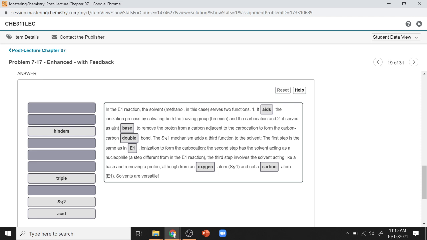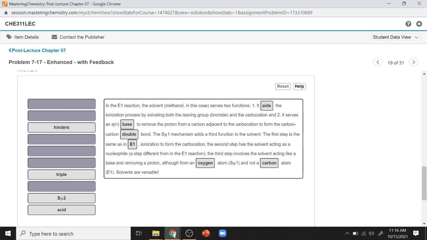So again, you don't actually need to know anything but acid base there, do you? We're going to form a carbon-carbon what bond? Well, we're doing an E1 reaction, so we have to form a what bond between carbon-carbon? A double. Because that's E1 reactions, right? Okay. That's all elimination reactions.